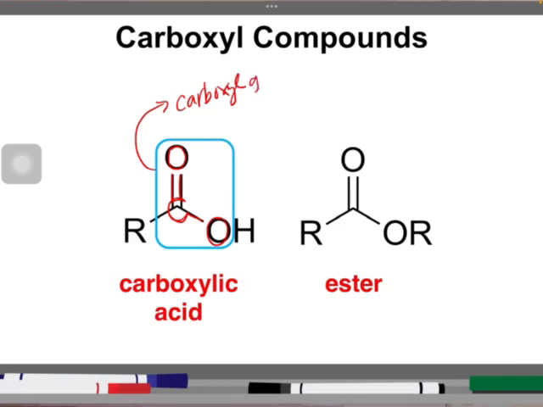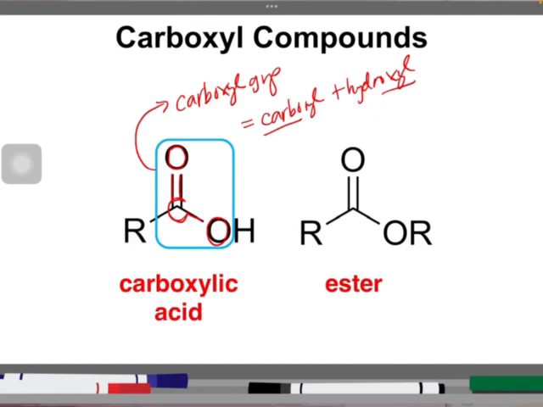Remember our discussion that I said before that this is actually a carbonyl group plus the hydroxyl group. So, you have carbo and xyl, so you have your carboxyl compounds. There are a lot of carboxyl compounds actually, but this time we will just focus on two. We have your carboxylic acids and your esters.